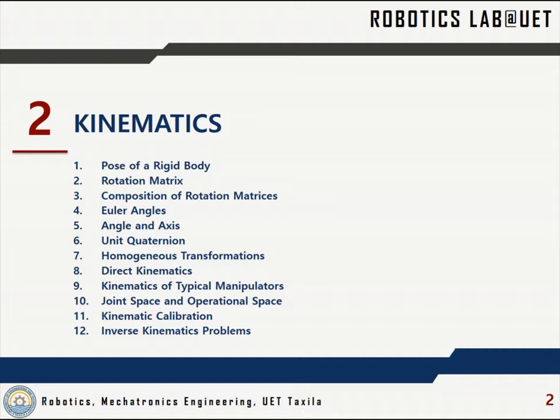This allows the end effector position and orientation, which we call pose, to be expressed as a function of the joint variables of the mechanical structure with respect to a reference frame. I present both open chain and closed chain kinematic structures, but for the time being, I'm only considering open chain.